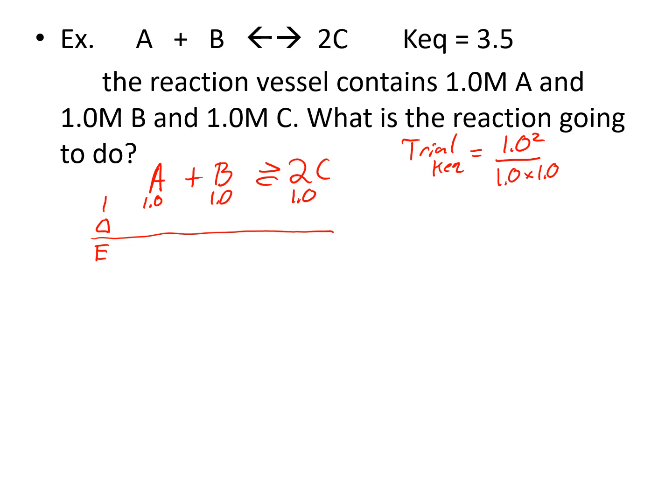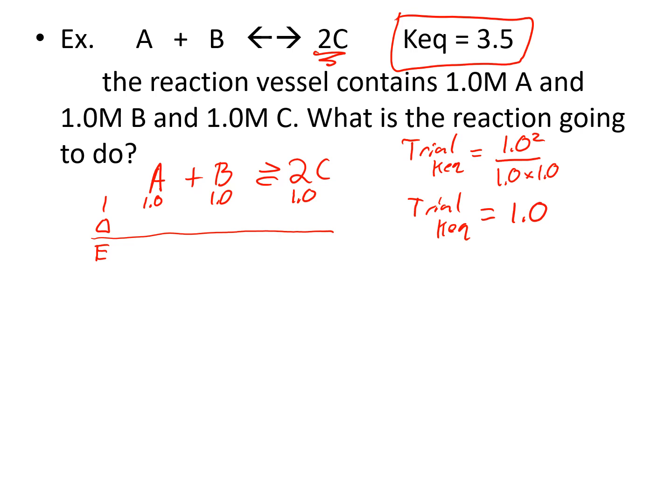And trial KEQ simply equals 1. Now, trial KEQ is too small compared to real KEQ. So that means it must shift to the right. We need more products. We need the KEQ to be bigger, so we need the products to be bigger.